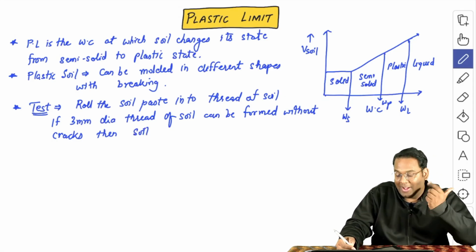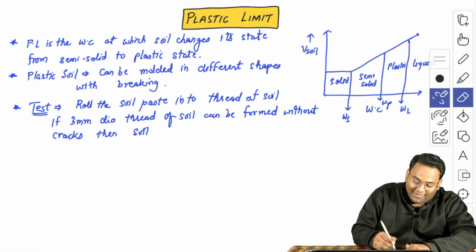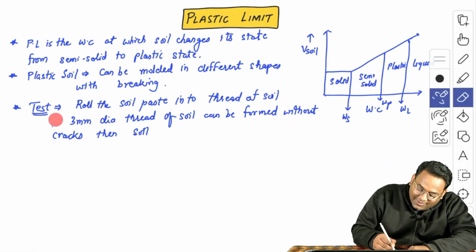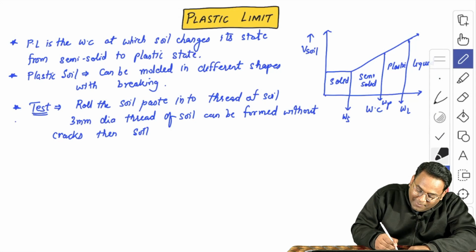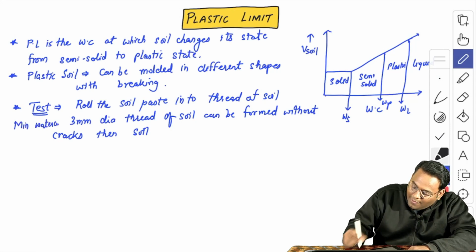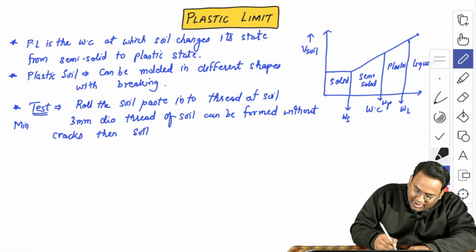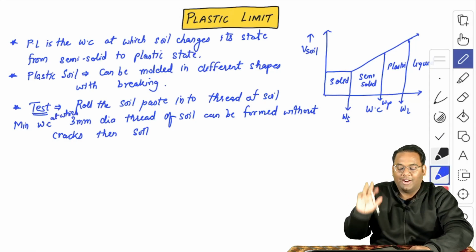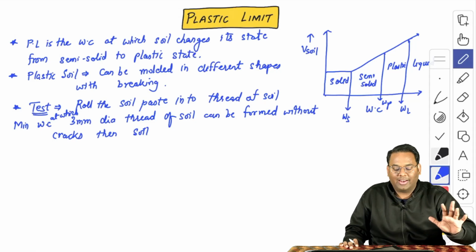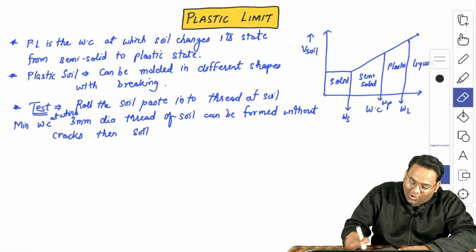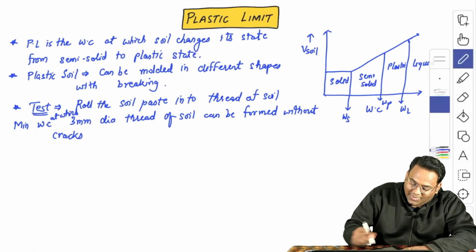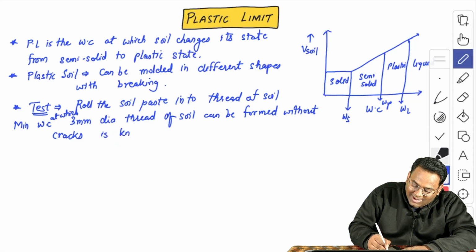And if I am defining the plastic limit, then what I can say is that the minimum water content, let me write that water content as WC only, minimum water content at which a 3 mm diameter thread of soil can be formed without any cracks, such water content is known as plastic limit.